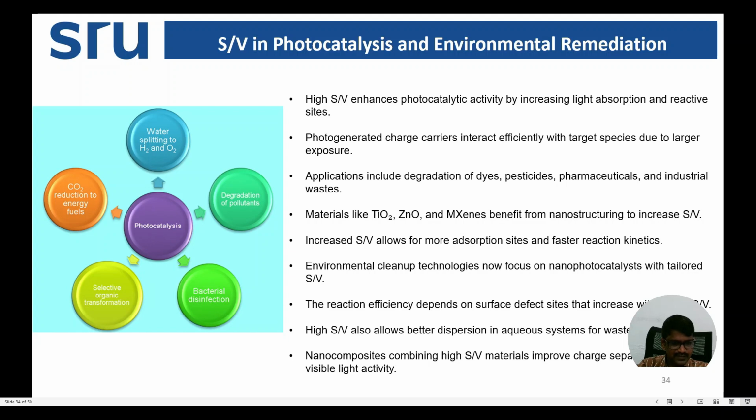Using catalysis, we can also do selective organic transformation, and also CO2 reduction. That's why catalysis is one of the proven and well practiced processes.